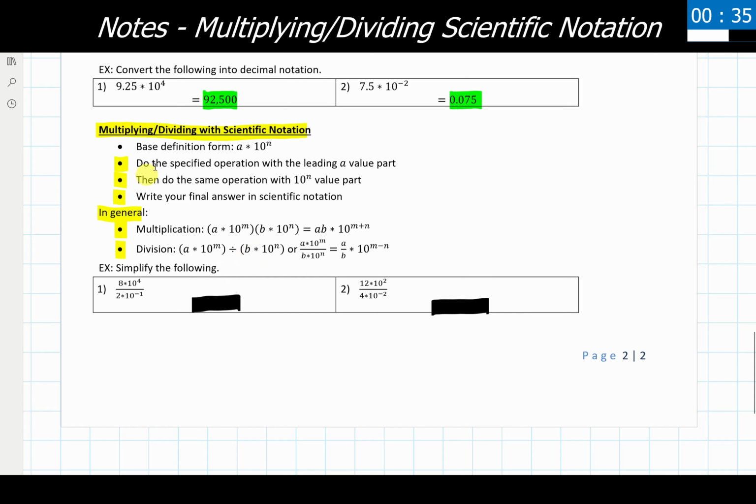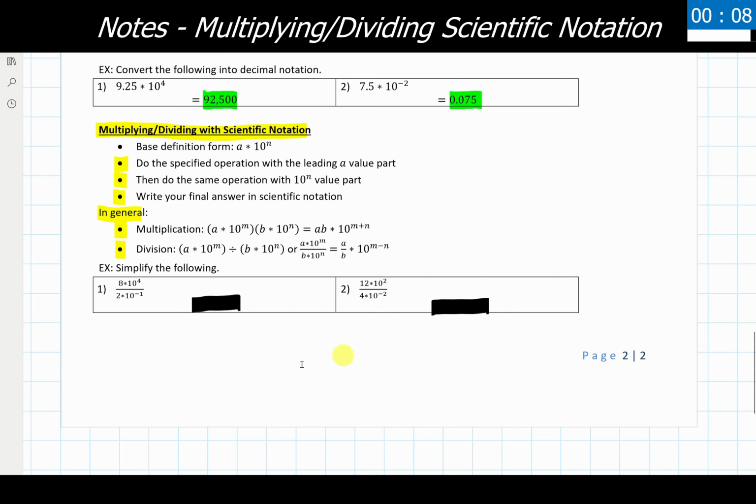We then do that exact same operation, either multiplication or division, with the 10 to the n value part. So if I have 10 to the m times 10 to the n, then I apply the product rule and add those exponents together. If I have division, then I'm going to have 10 to the m divided by 10 to the n, and I'm going to apply the quotient rule and get my final answer written out here.